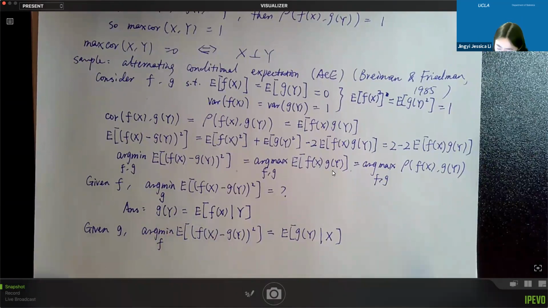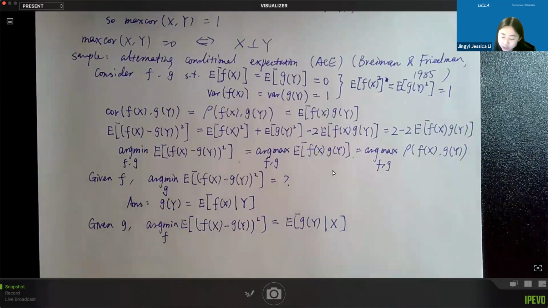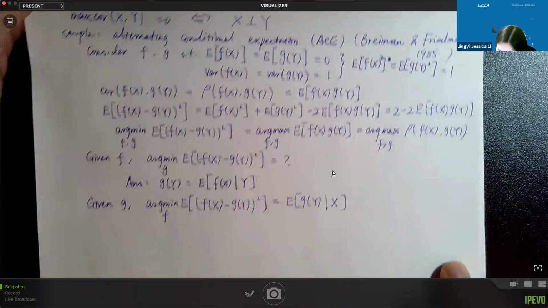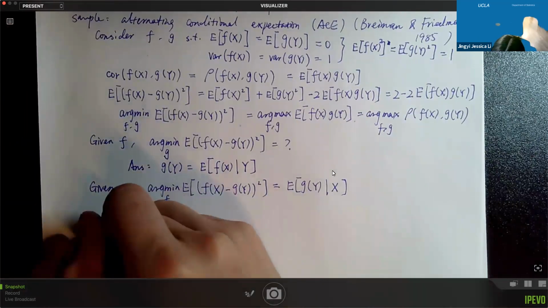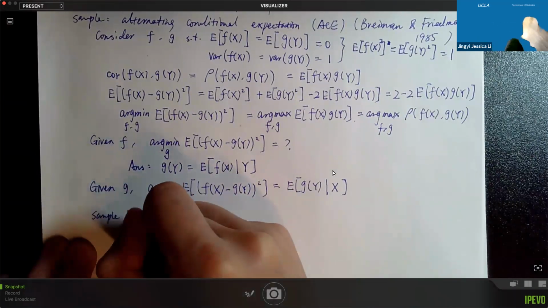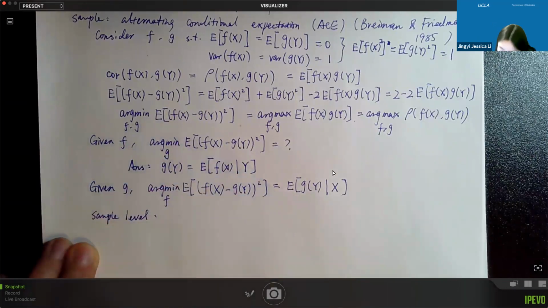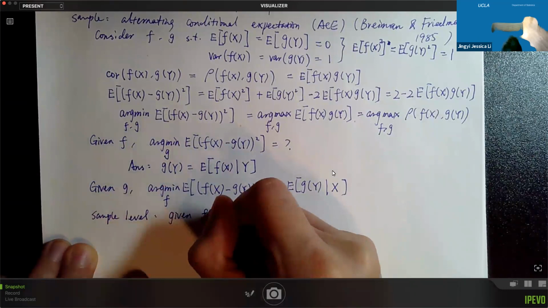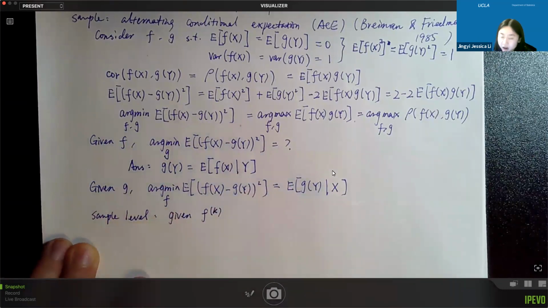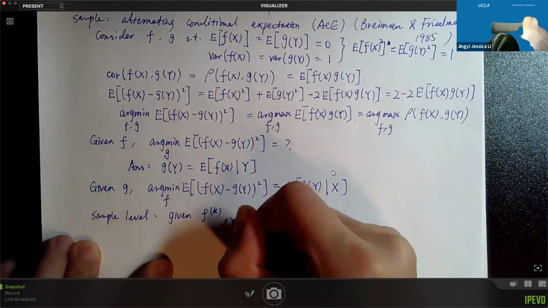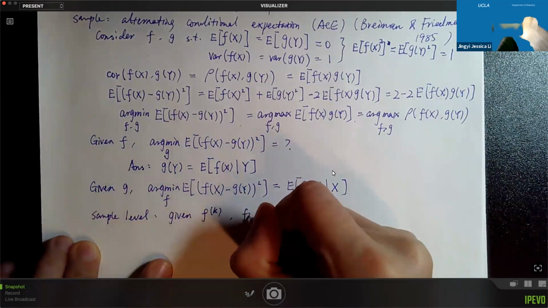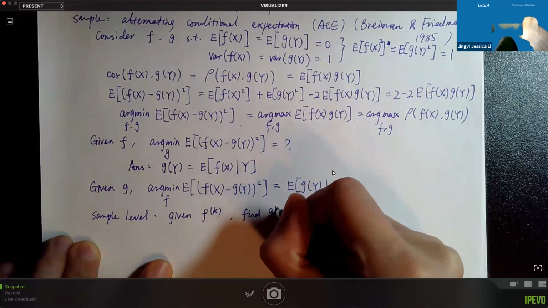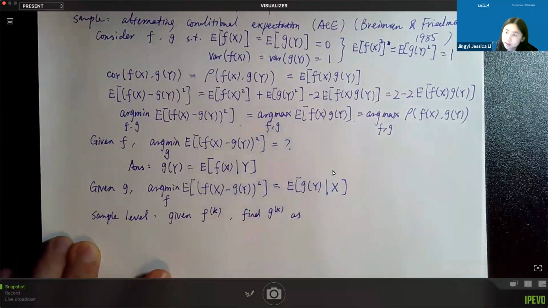So this is my plot. Probably the plot is more intuitive than the mathematical formula for some of you. On the sample level, let's say we are in iteration k, and we find f_k. Then we find g_k as follows. You can do this piecewise regression.